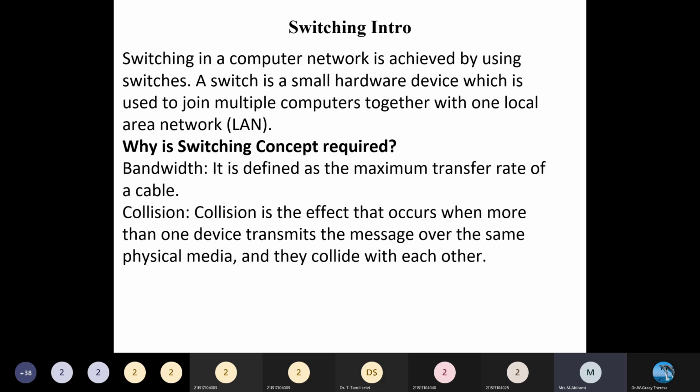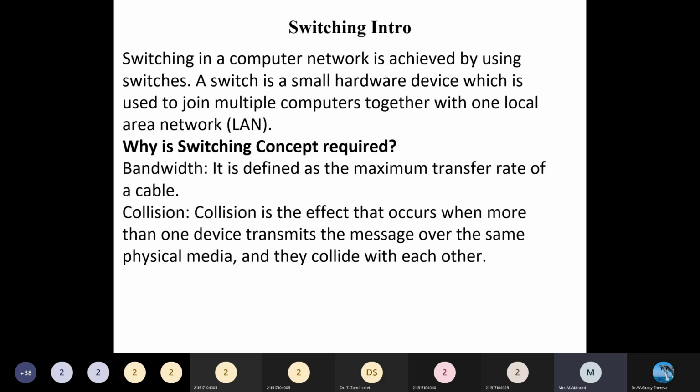The devices are sometimes confused about which data goes first, before another data can be transferred from source to destination. Here a collision occurs. A collision is the effect that occurs when more than one device transmits a message over the same physical media and they collide with each other.